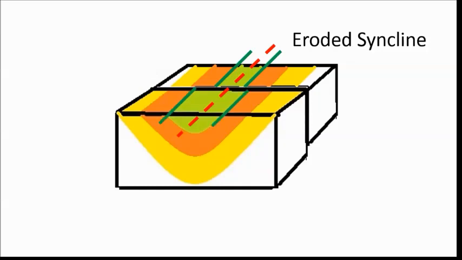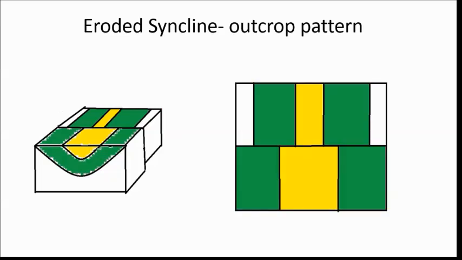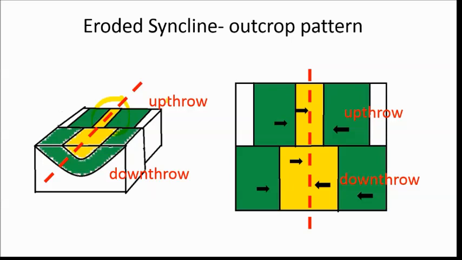Now that gives us the clue about whether the fault is going to be a normal or reverse. How does it do this? Well, there's a typical, as you've just seen, an eroded syncline, the outcrop pattern. That's what it looks like on a map. Remember, there's the syncline. This must be the up throw side because it's the narrower block. There's some dip arrows there to show you what it would look like on a map.